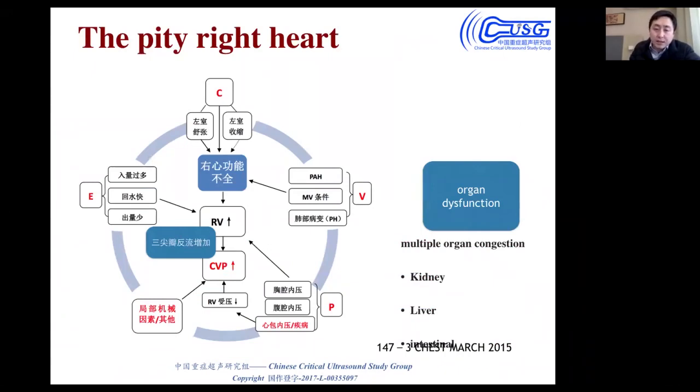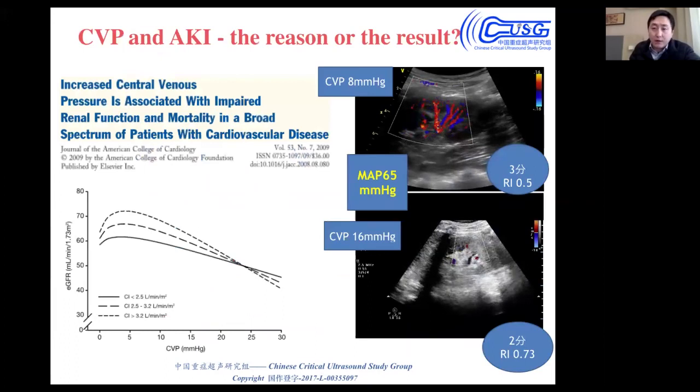Not only the pulmonary hypertension, but also other factors, including fluid administration, may also contribute to increasing the depression of the right ventricle and accelerate the degree of dysfunction of the right heart.